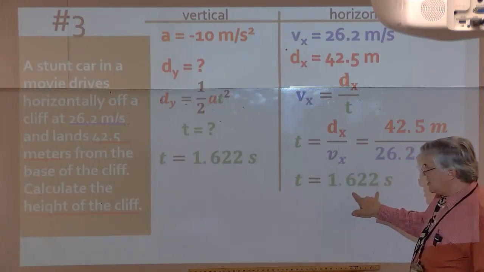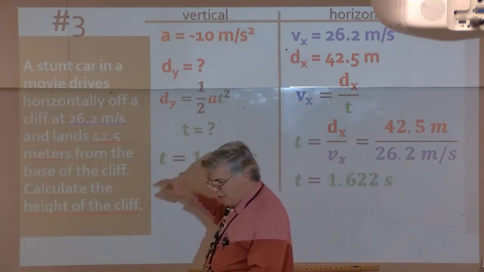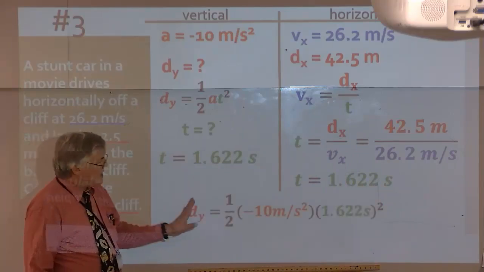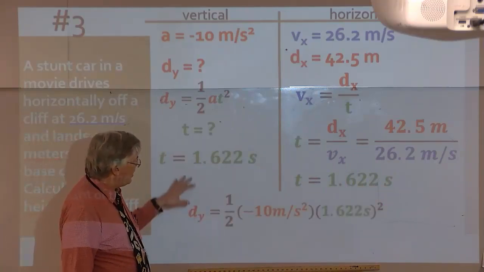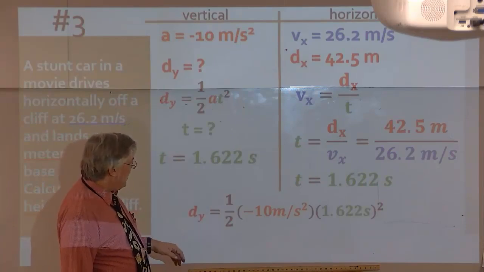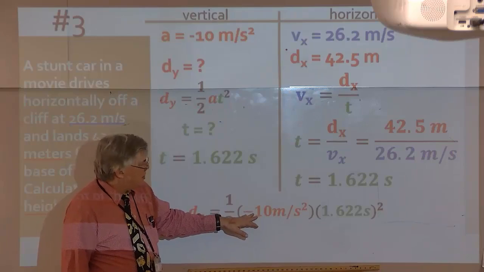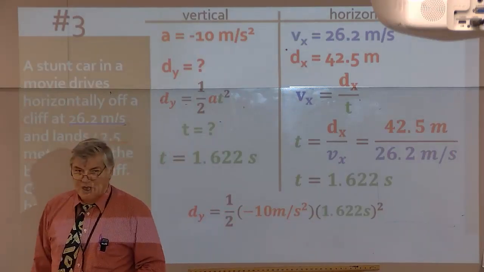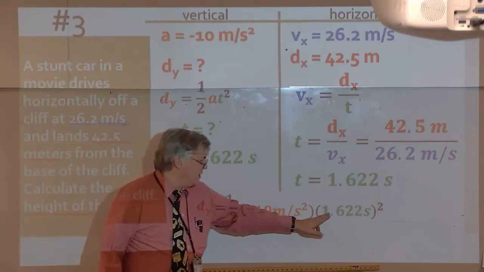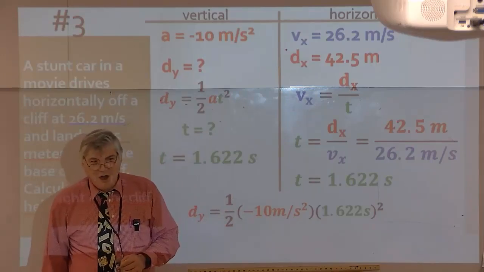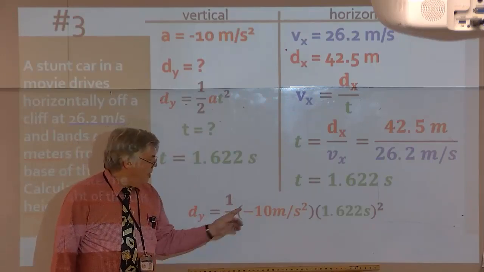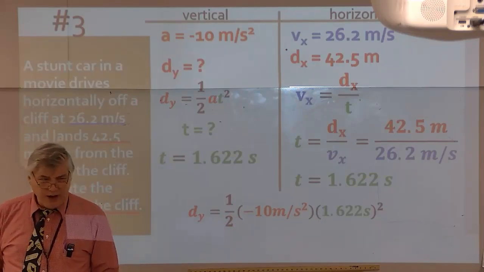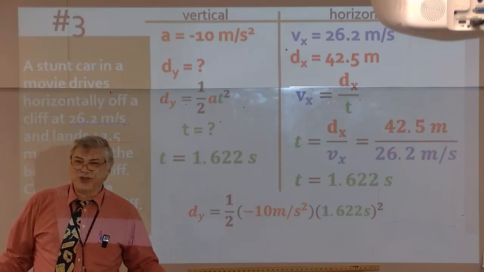So now I'm going to take this number, move it back over here. Now I can solve this equation. I moved it kind of to the center because I was running out of board space here. But 1/2 times minus 10 meters per second squared times 1.622 seconds squared. I'll round off at the end. Like I said, I left those extra sig figs in there. And I've also done something here. I'm going to flip the sign kind of arbitrarily, which means really for no reason whatsoever.